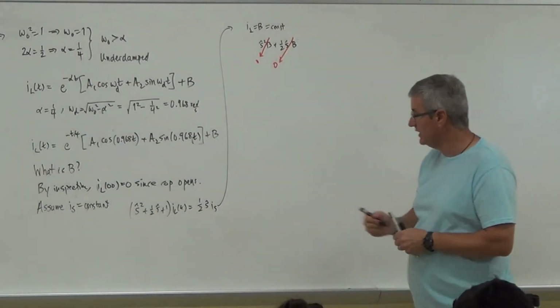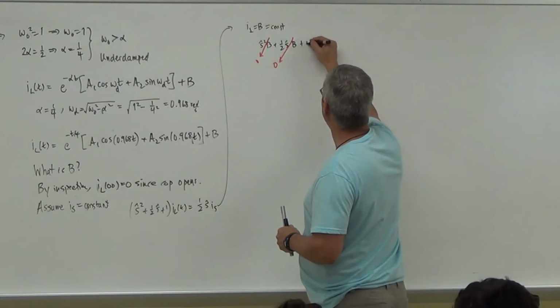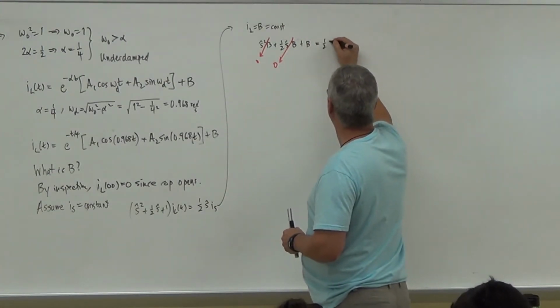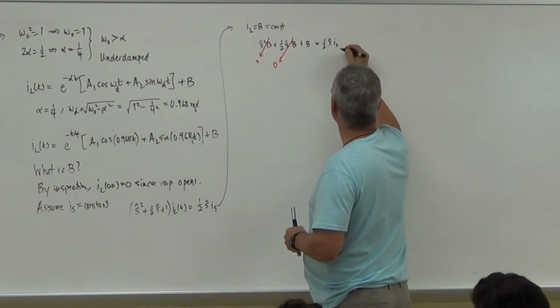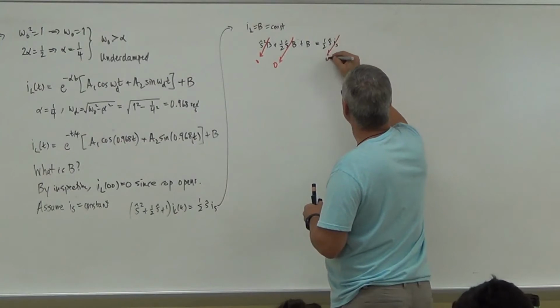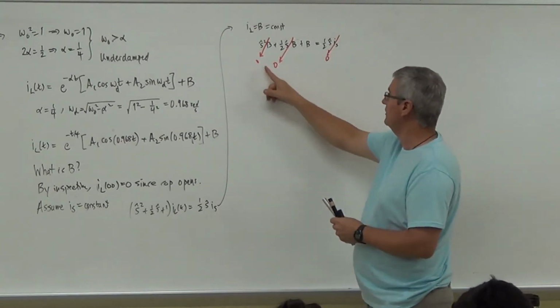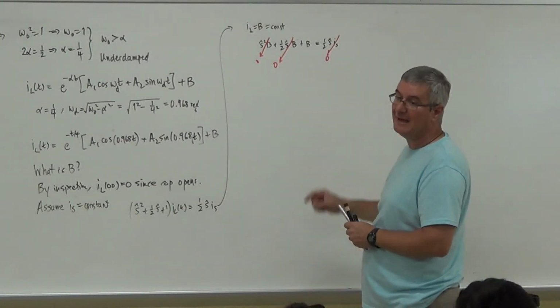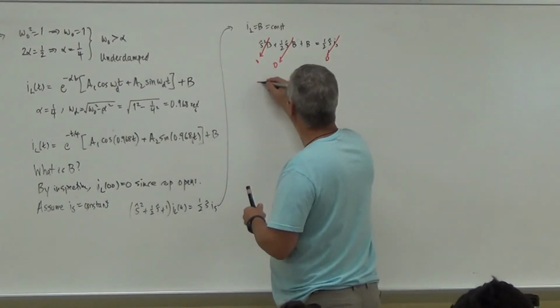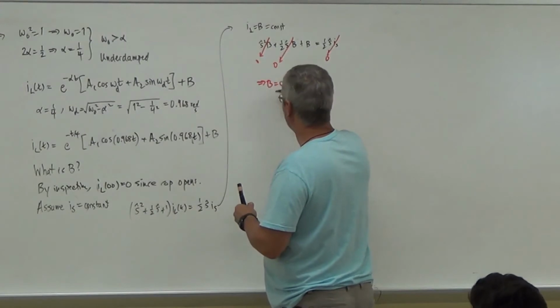Because they're derivatives. Then I get plus B, and this equals 1/2 s hat of a constant source. So this also goes to 0. So if that's 0, that's 0, that's 0, B has to be 0. So this implies that B is 0.